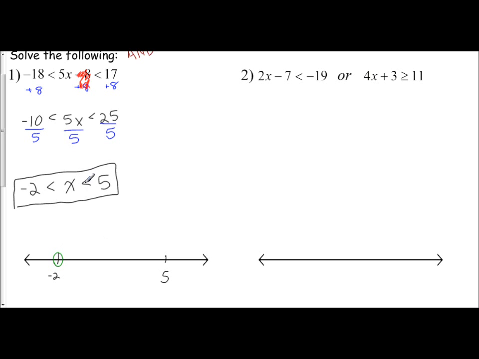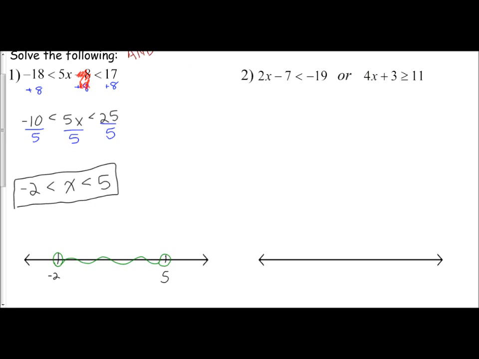Here it says x is less than 5, and so that would be an open circle on 5. Your solution is between negative 2 and 5, and so your solution space on the graph would be between negative 2 and 5. And so there is the graph and the solution for the compound inequality. So that is an example of an AND compound inequality.